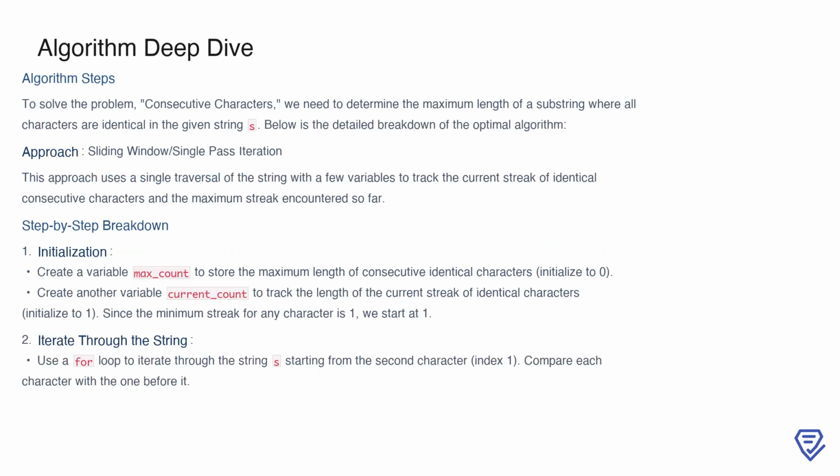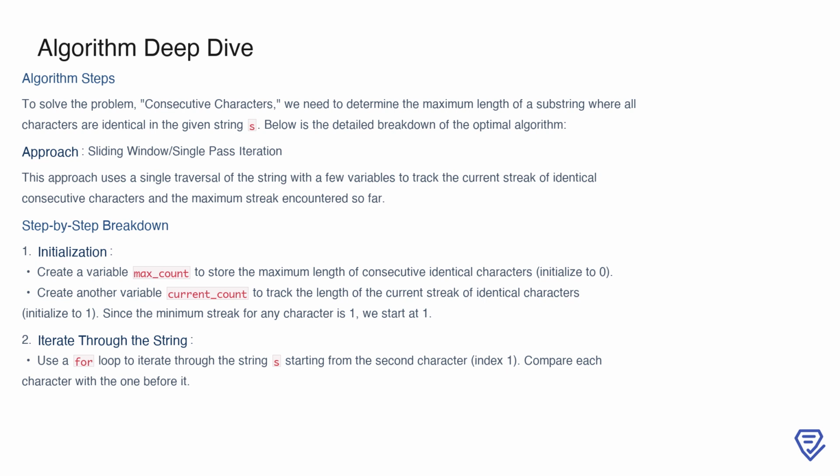To solve the problem of finding the maximum length of consecutive identical characters in a string, we take a systematic approach using a sliding window or single-pass iteration. The idea is to traverse the string once while maintaining two key variables, one for the maximum streak of identical characters encountered so far, called max_count, and another for the current streak length, called current_count.